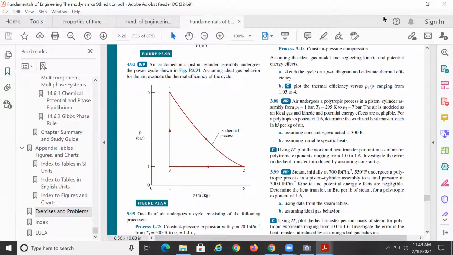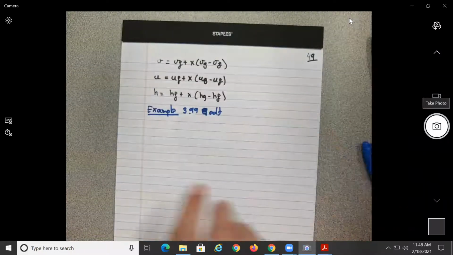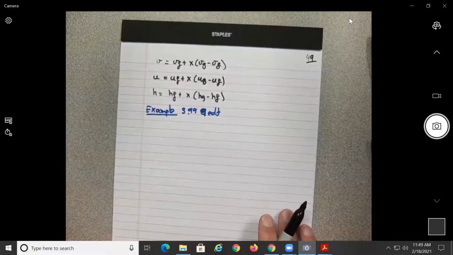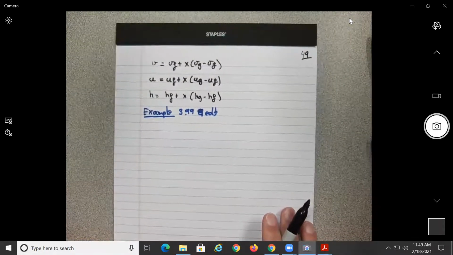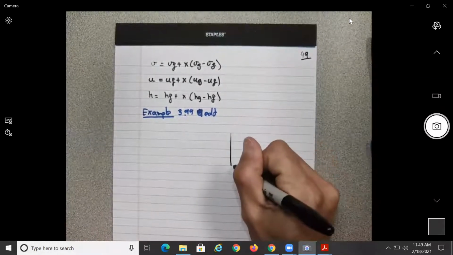All right, so let's do the problem. This problem says steam in a piston cylinder assembly. This is important.